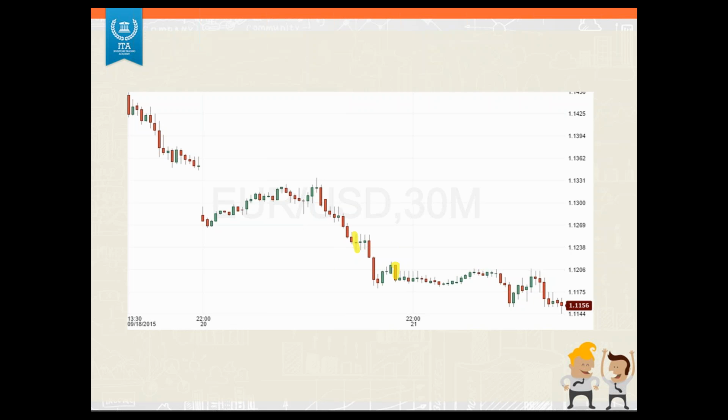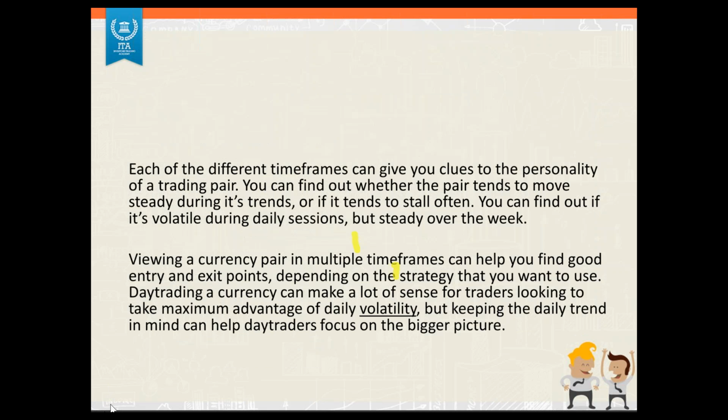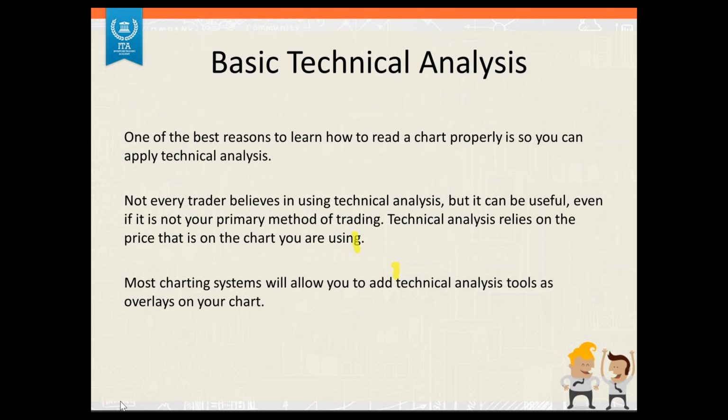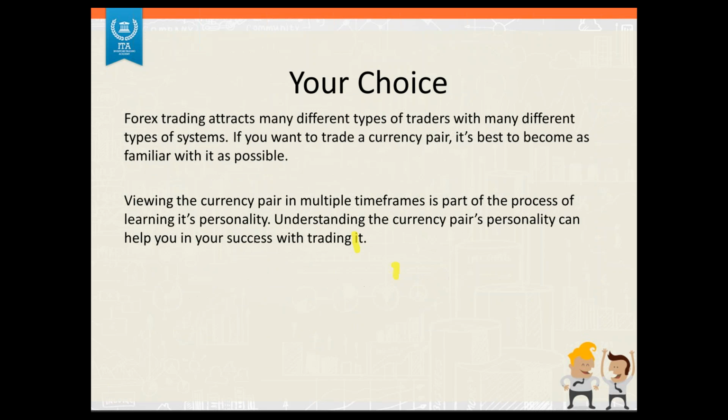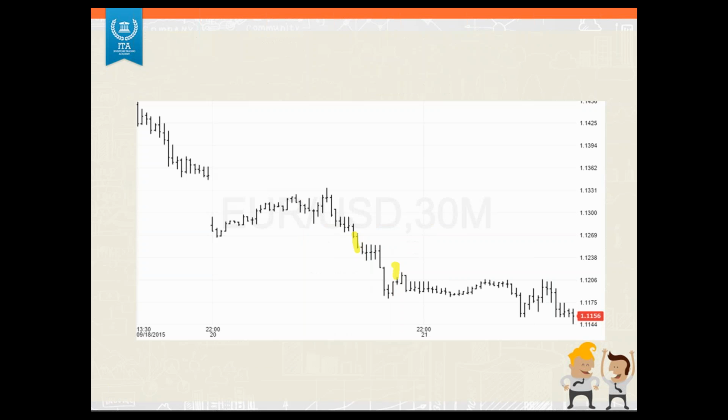Okay. But all three of these charts cover the same asset at the same time. So the bar chart, let me go backwards here. The bar chart, like I said, each one of these lines gives you a valuable piece of information.